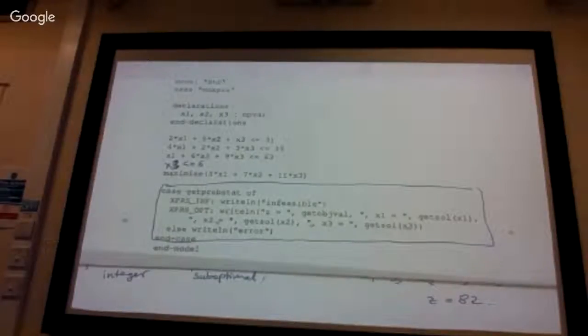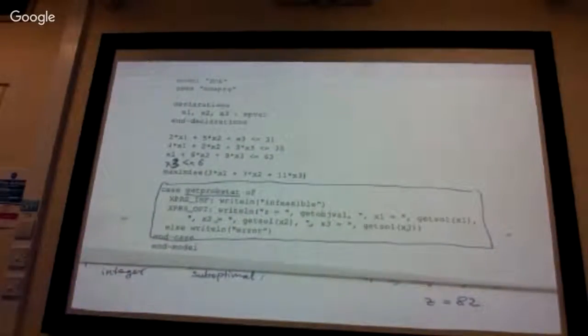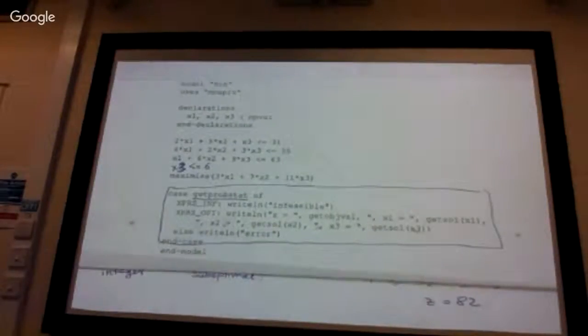But yeah, there's this function which returns information about what it found the problem to be, whether it's found an optimal solution, or it's infeasible, or unbounded. But obviously you won't get this problem. It's obviously not unbounded, so I'm not even testing for that.